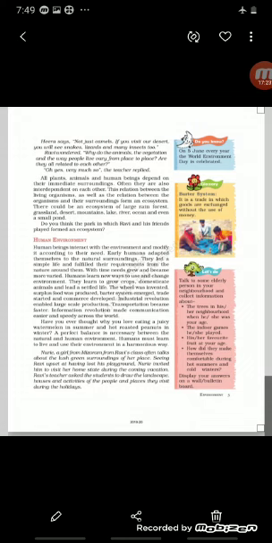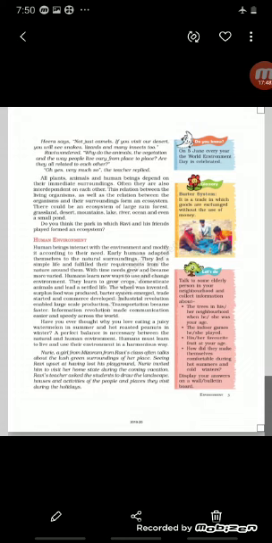Look at the right corner of the page. Do you know on 5 June every year the World Environment Day is celebrated? How do we celebrate?